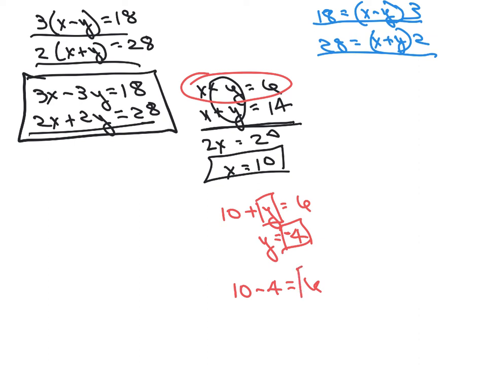So 4 ends up being the current speed, whether you're going upstream or downstream. You add 4 to the 10 to get 14 miles an hour, or subtract 4 from 10 to get 6 miles an hour. Either way, the current is 4, and the boat in still water is 10.